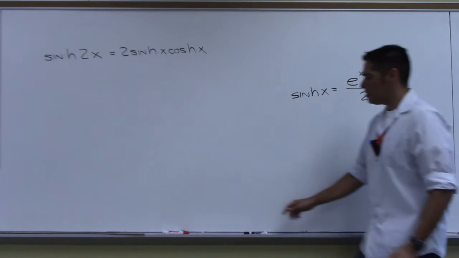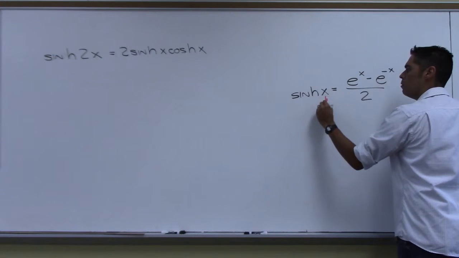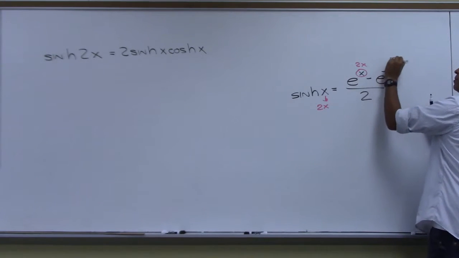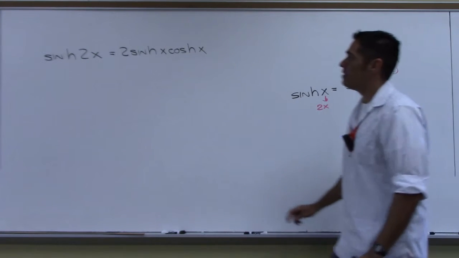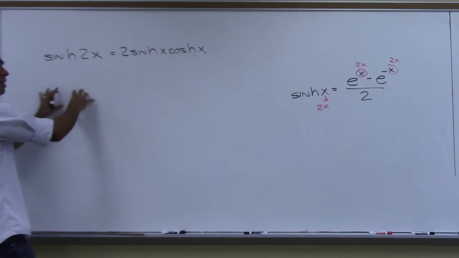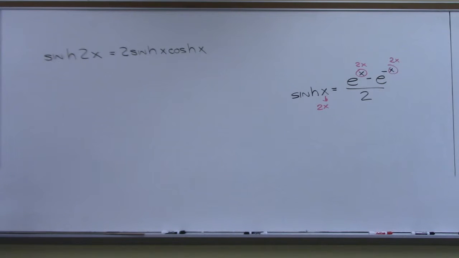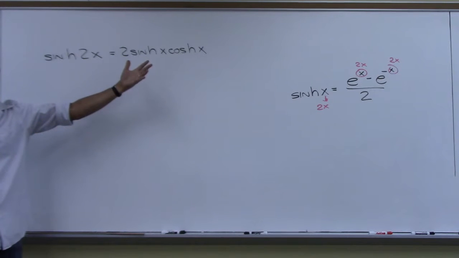So if you replace this x with 2x, that gets replaced with 2x, and that gets replaced with 2x, right? So what we'd like to try and show is that this side over here is equal to this side, right? So which side do you want to start with? Do you remember me doing one of these way in the beginning? Okay, probably start with the right side and see what happens.